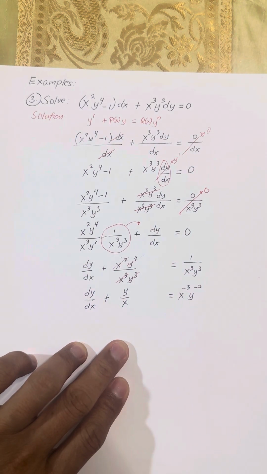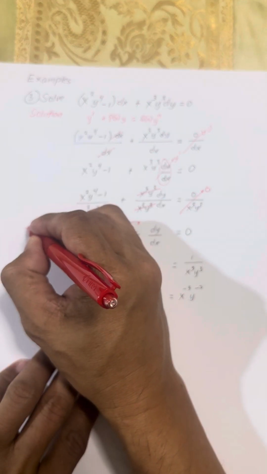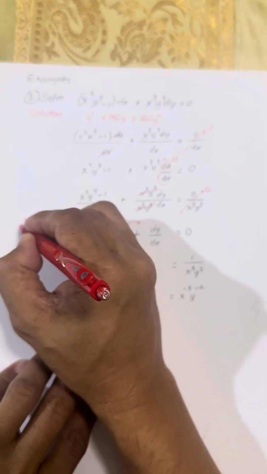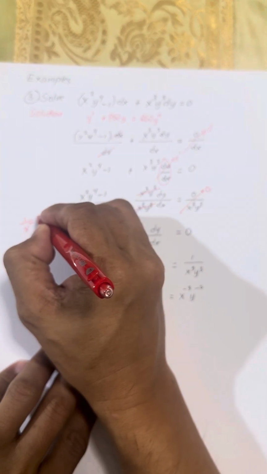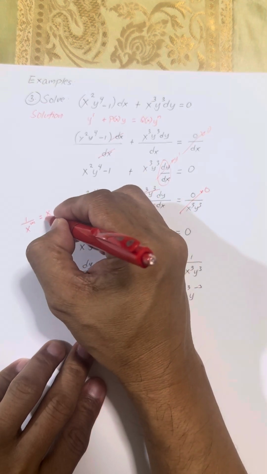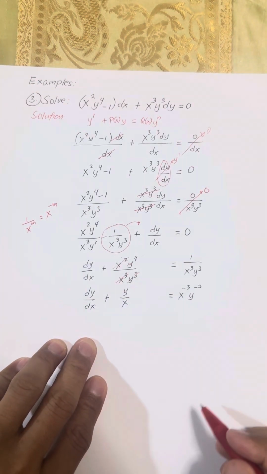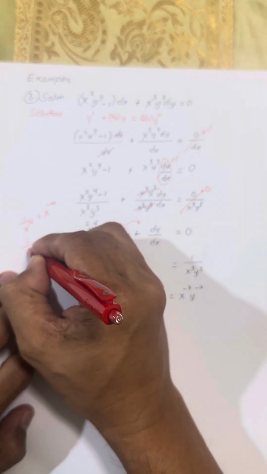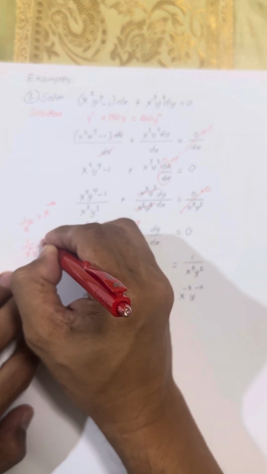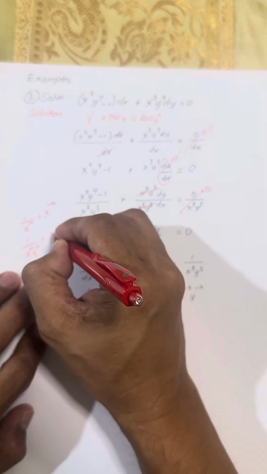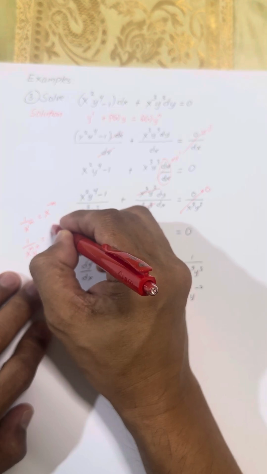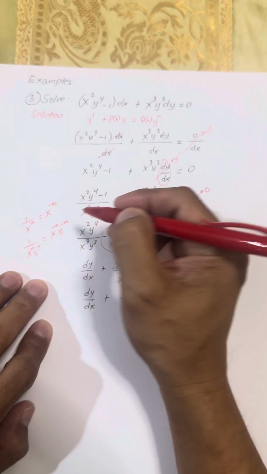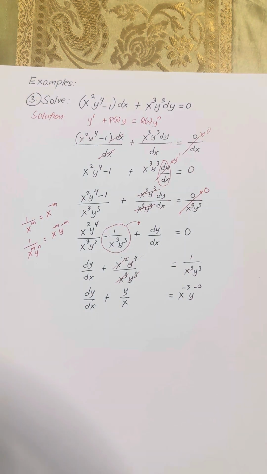From the laws of exponents, 1 over x to the m, y to the n is the same as x to the minus m times y to the minus n.